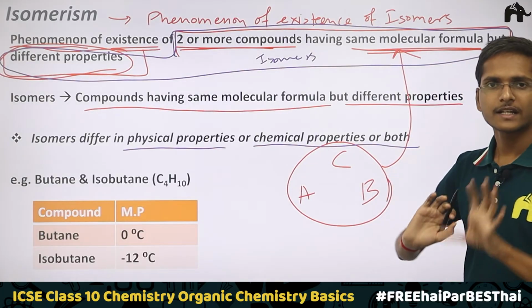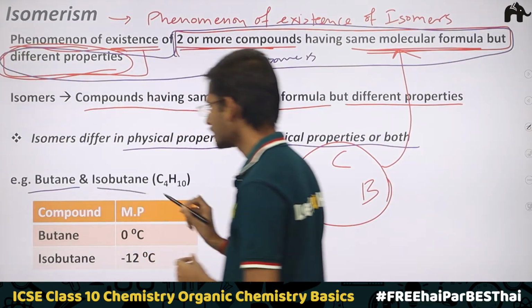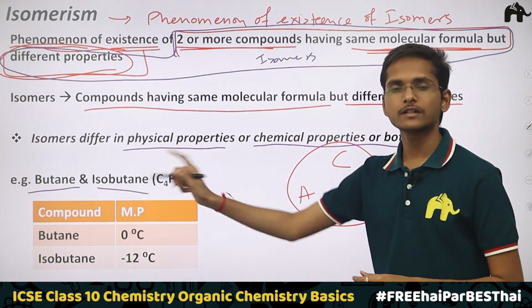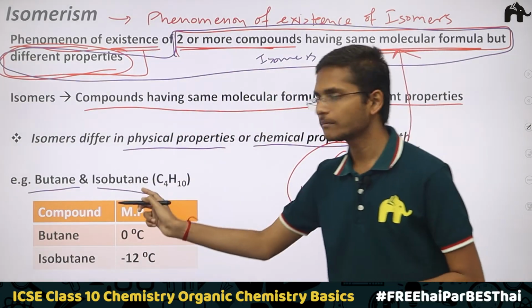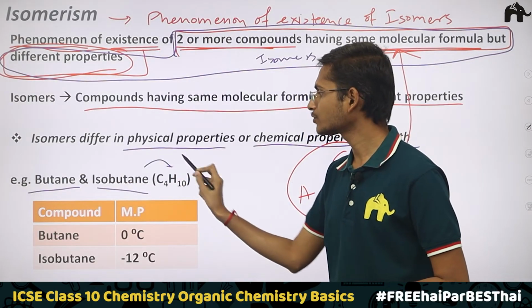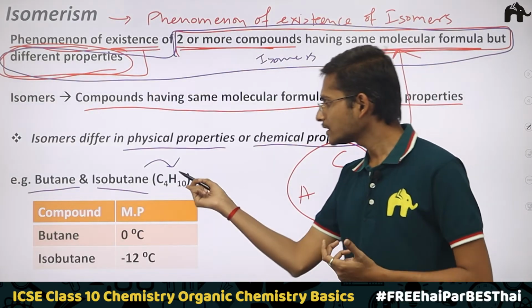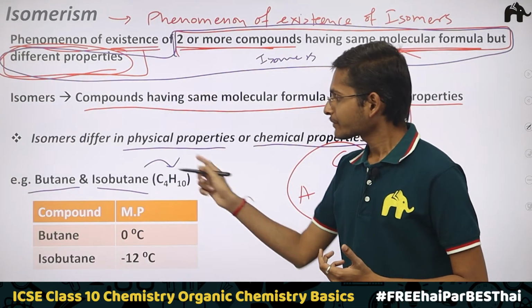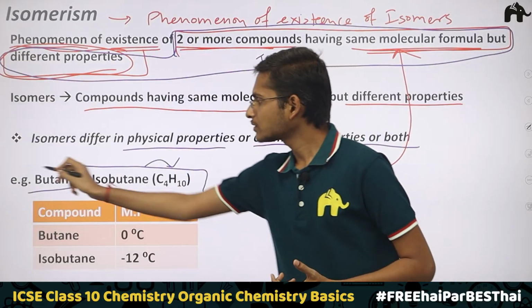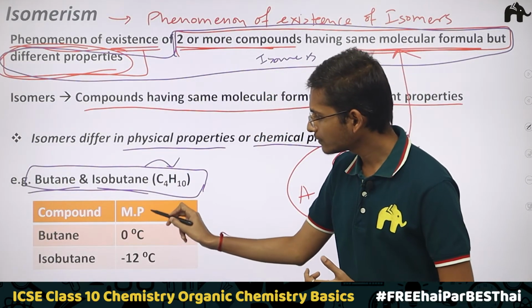For example, let's take an example and try to understand this. See, butane and isobutane. These are two different compounds, but they have the same molecular formula. If I see the structure of these two, they are different, but they have the same molecular formula. And these two compounds show different properties.